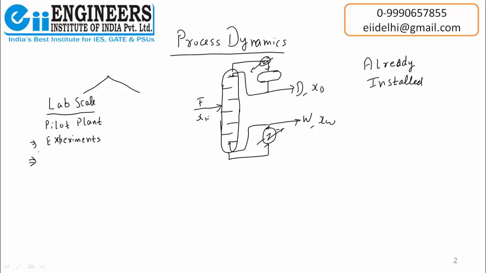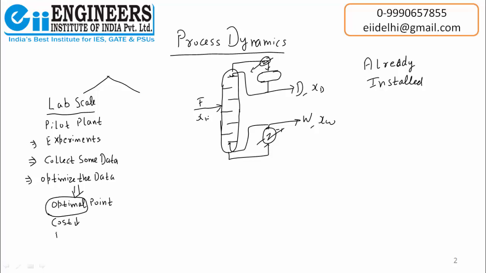Based on these experiments we will collect some data, and after collecting the data we will optimize it so that we can determine the optimal point at which we will design our distillation column. Now what is the optimal point? The optimal point is that point at which the cost is minimum and the profit is maximum. That is known as the optimal point. That is lab scale.